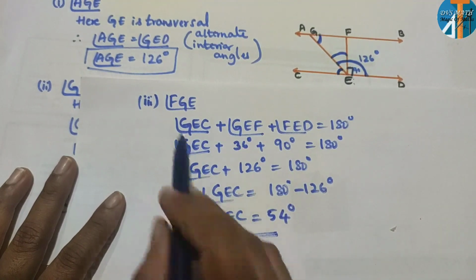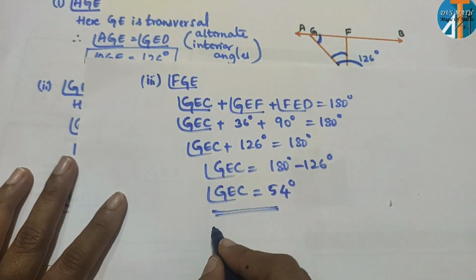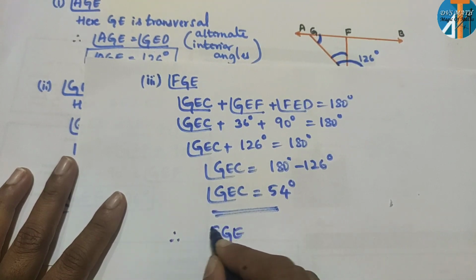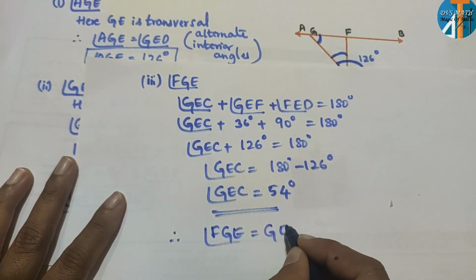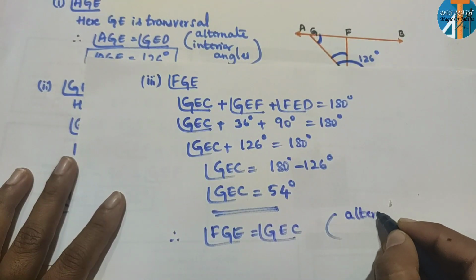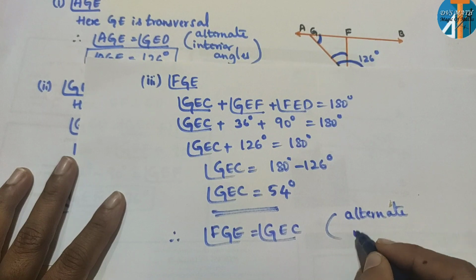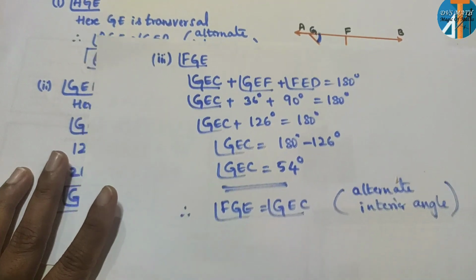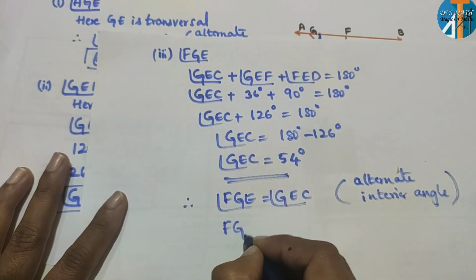But they didn't ask for GEC. They asked for FGE. So here what can we write? Therefore FGE is equal to GEC. Why? Because here you can write it as alternate interior angles. So what is FGE now?